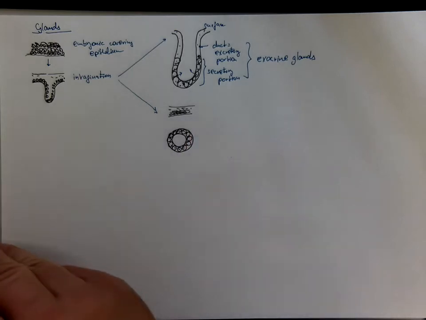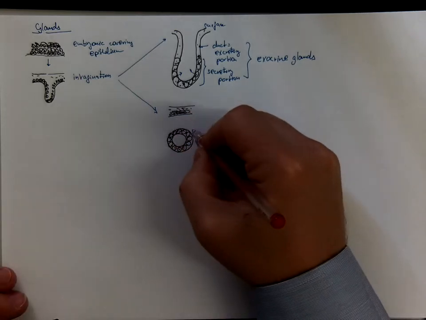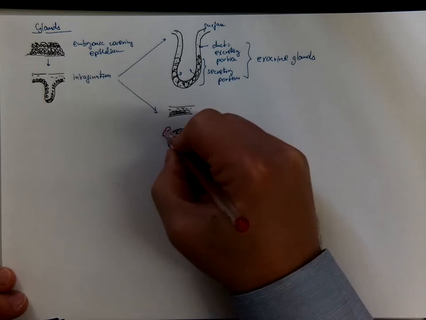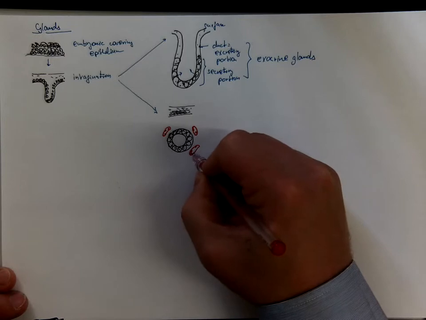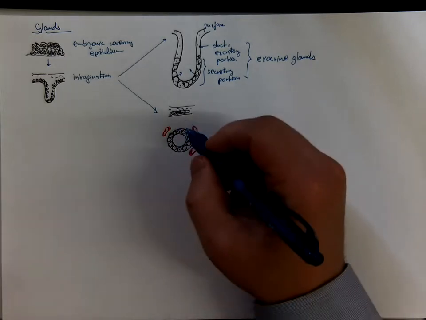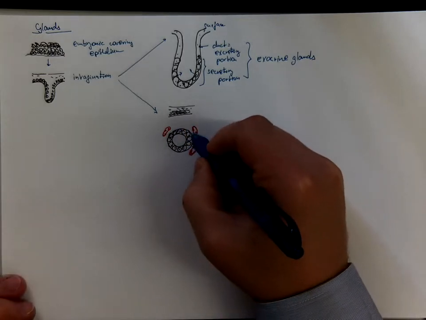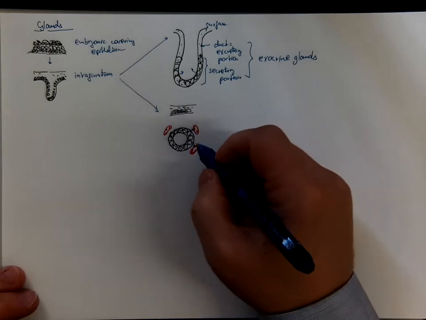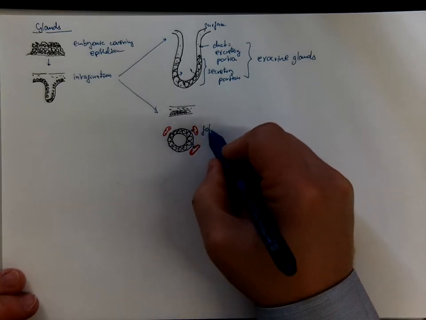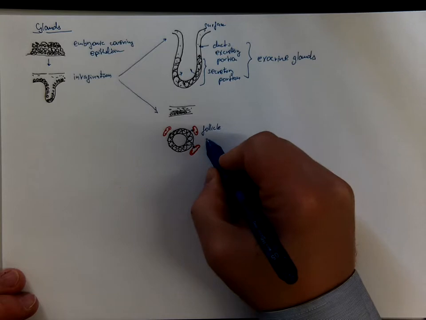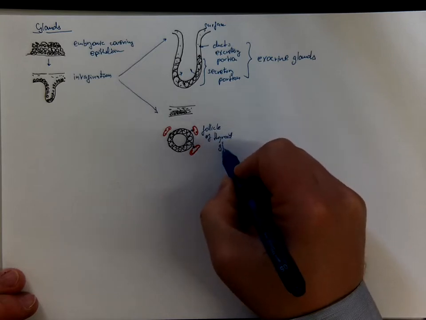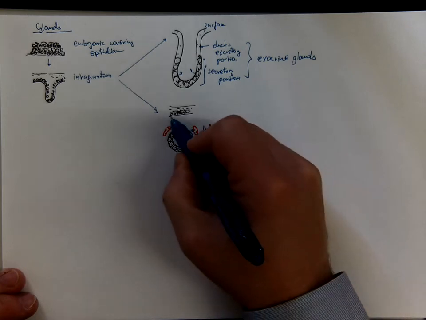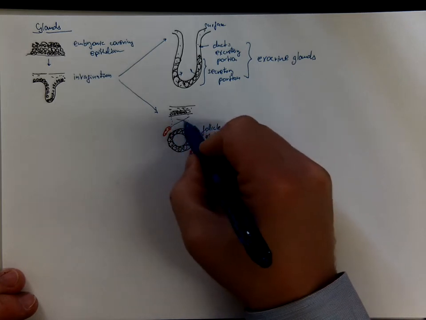An example here would be a follicle of the thyroid gland that is lined with simple cuboidal epithelium, and these endocrine glands release their incretions into the surrounding capillaries. So this is the follicle of the thyroid gland. The connection to the epithelium has been lost.